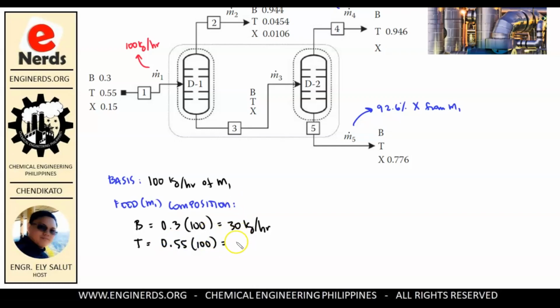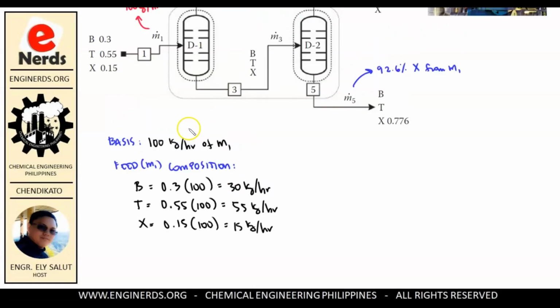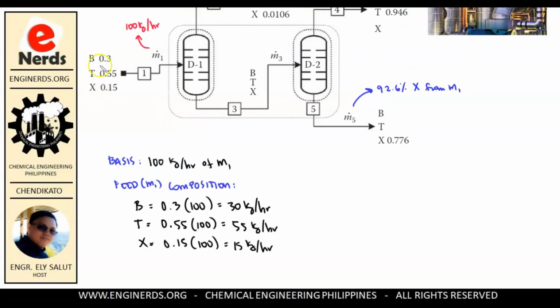So, this is equal to 55 kilogram per hour. And then for our xylene, we have 0.15 times 100. So, this is 15 kilogram per hour. Okay, so meron na tayong values ng ating mga components dito.